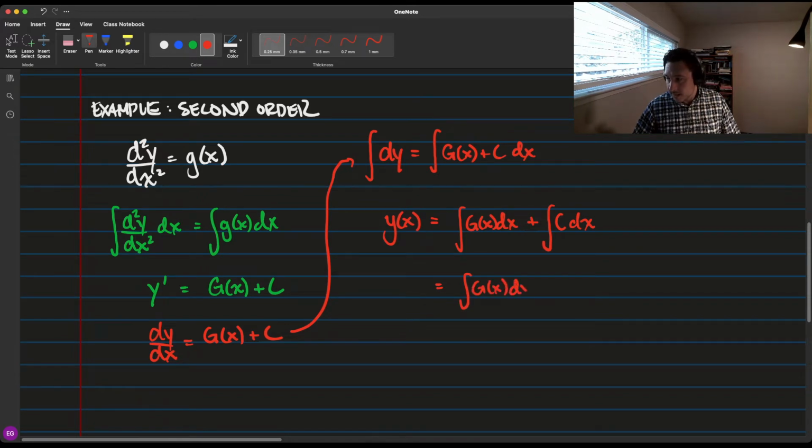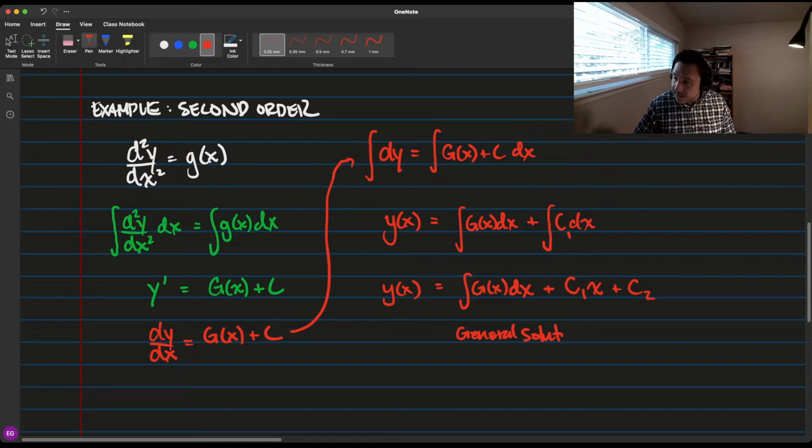But you can find, let's call this c1 now, you can find the antiderivative of this. That's going to be c1 x. And then you get another constant, which we'll call c2. So what's your general solution? It is whatever the antiderivative of the antiderivative was: the antiderivative of g of x plus c1 times x plus c2, another constant.